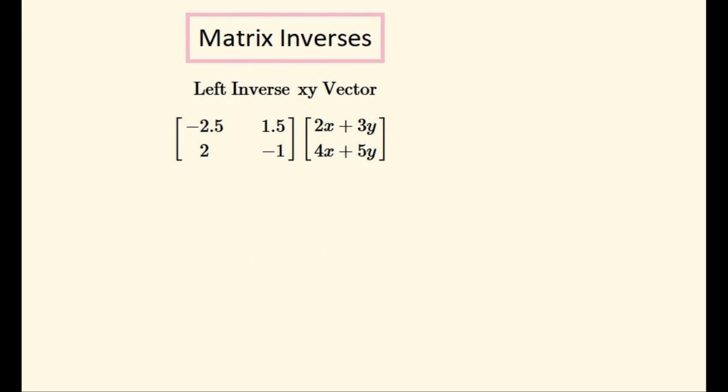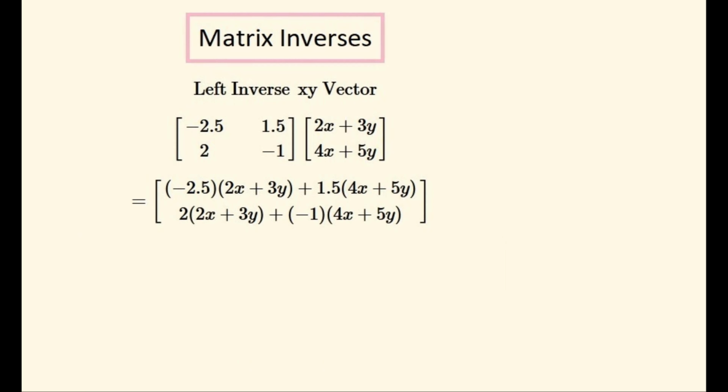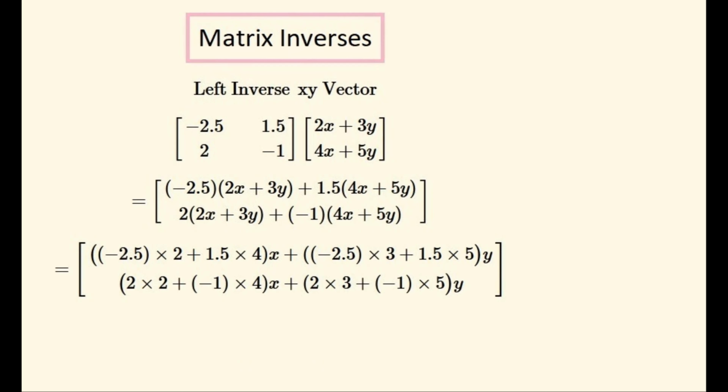Now to have a look at multiplication by the left inverse again, but after the matrix has been multiplied by the vector xy. This should help you to see how a matrix inverse works a bit more. Multiplying the matrix by the vector gives us this vector, which looks a bit messy and needs to be simplified. We can gather all of the coefficients of x and y together.